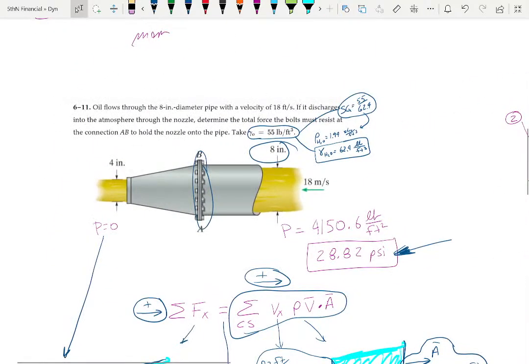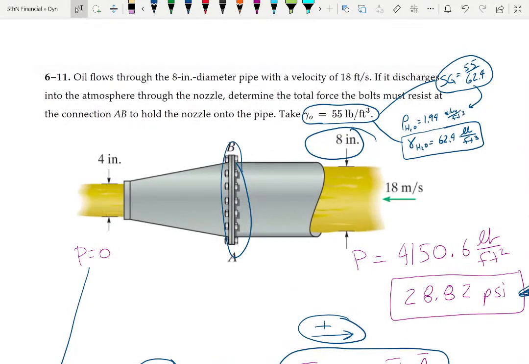If you're really in the industry, you want to know how many bolts there are, and then you want to go in there and pick the right bolts that'll hold the load. That gets into machine dynamics or fundamentals of mechanical design. That gets into that course.